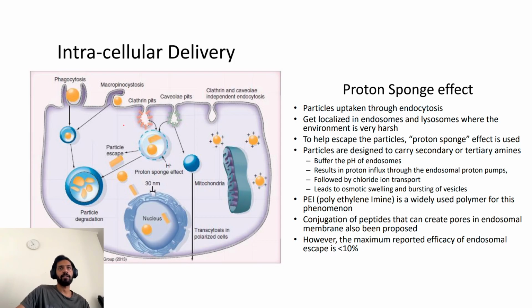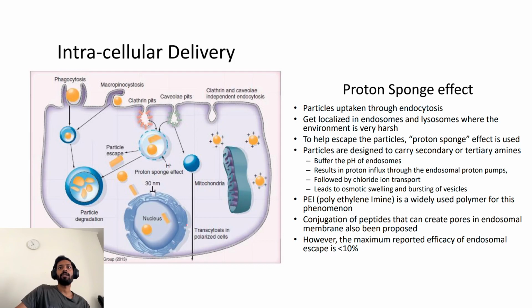Or come out of the endosome relatively faster. For that, what we can employ is something called the proton sponge effect, which is essentially these particles that carry secondary and tertiary amines. What they do is they buffer the pH of the endosomes and cause a lot of osmotic swelling and a lot of water influx, resulting in the vesicles growing larger and larger, eventually bursting.